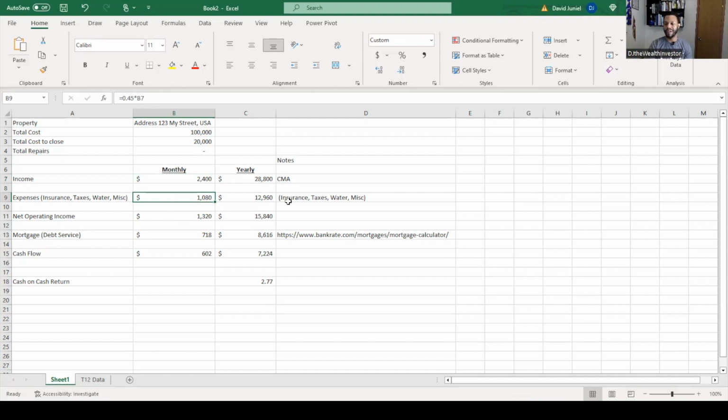Expenses, we talked about that, right? So we talked about the insurance. You get that from an insurance quote, from even your auto insurance policy holder or an insurance company of your choosing. Taxes, we talked about how to do that just by a Google search. Water, I showed you where you could go to get that.